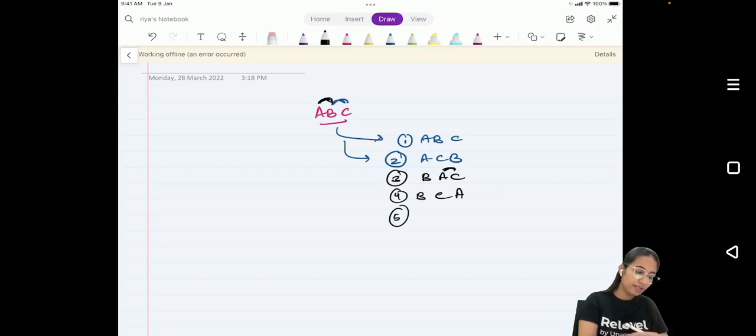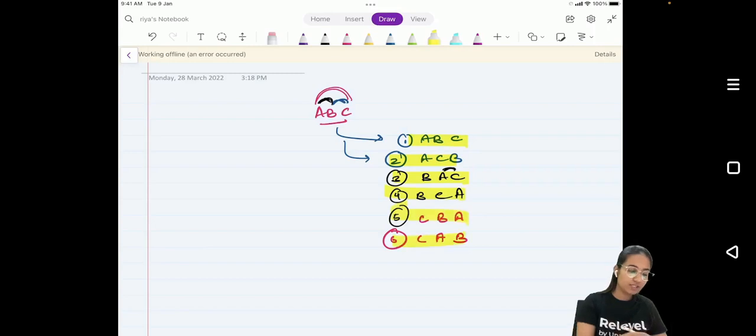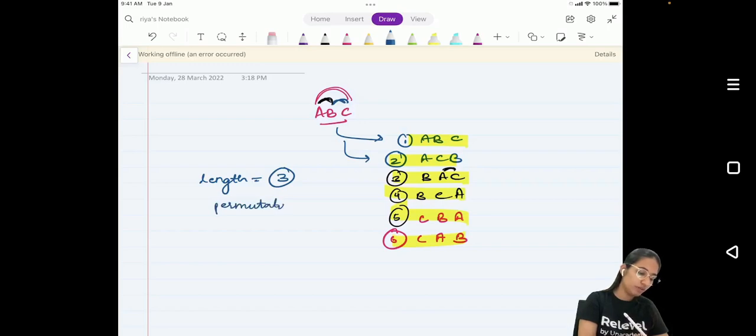And then if in the original string I swap these two, I will get CBA. And then I will have CAB. So in total, we can see there are 6 strings in the output. For a given input string of length 3, the total number of permutations is 6, correct?